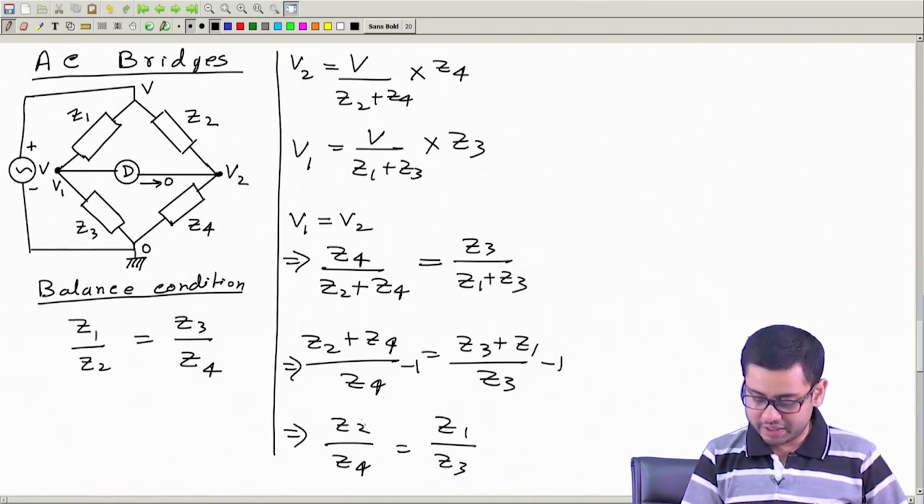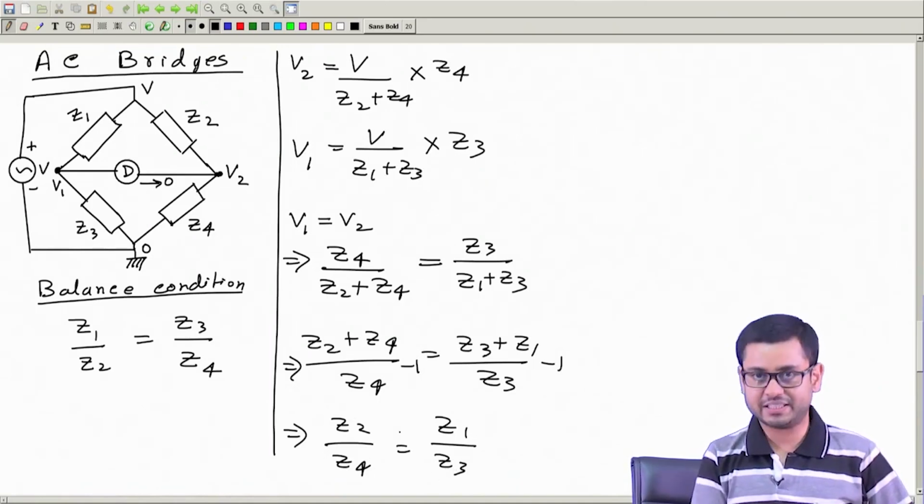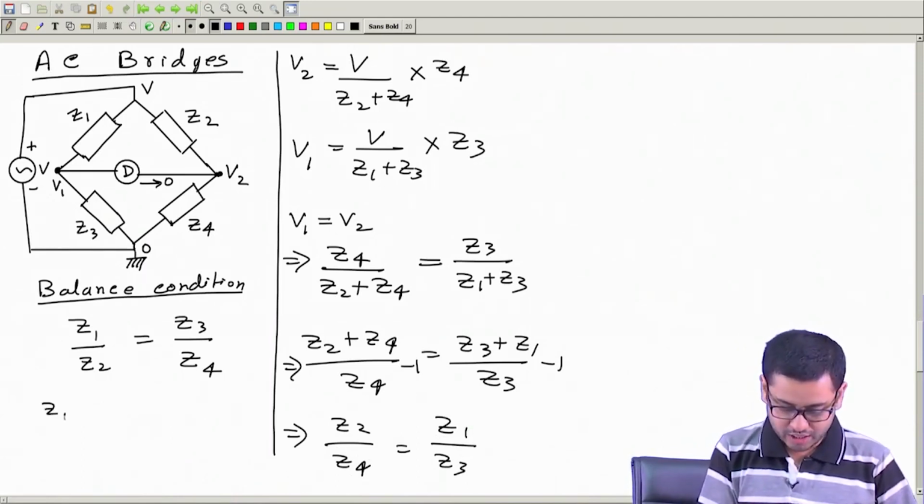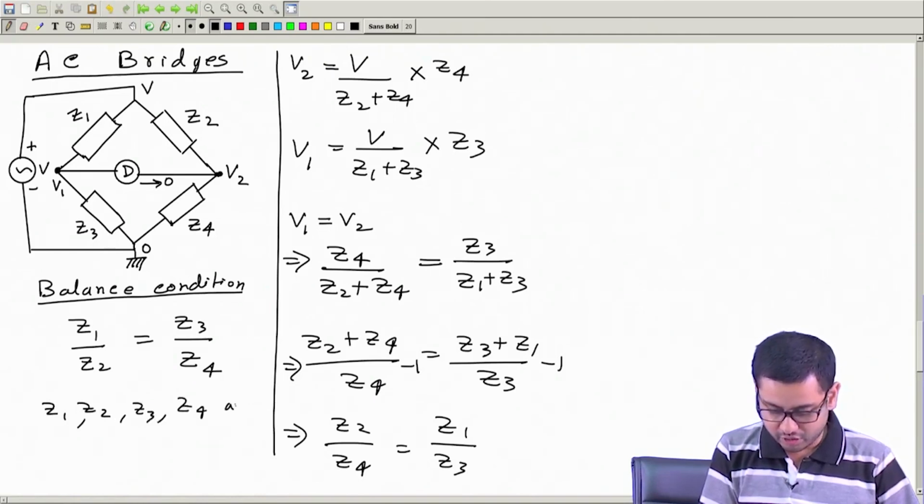Why? Because all these numbers, Z1, Z2, Z3, Z4, are complex impedances.